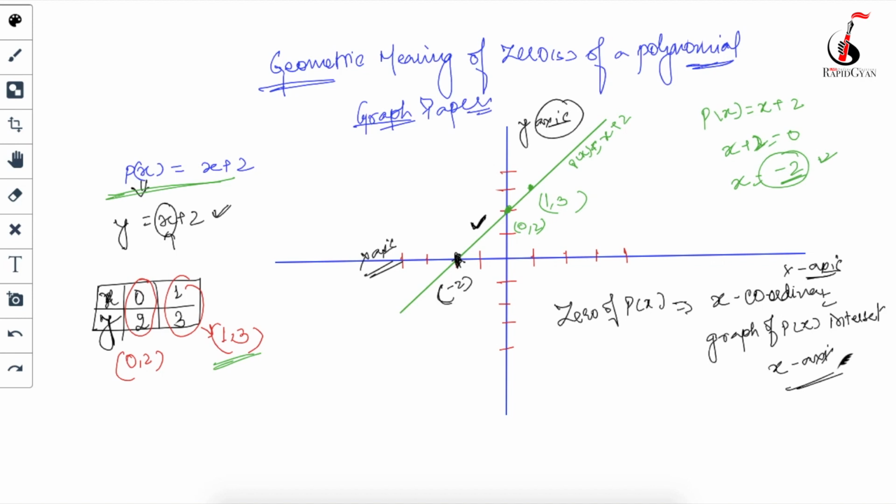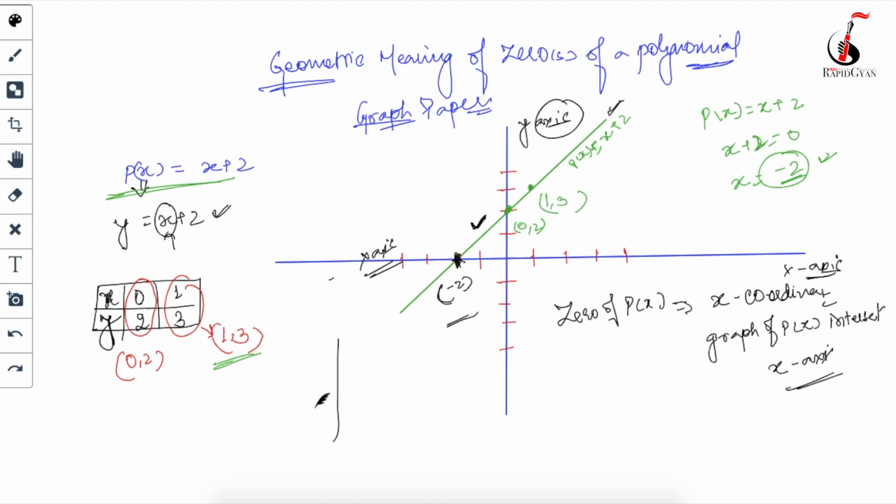Understood? The x coordinate at which the graph of p(x) intersects the x-axis is the zero of the polynomial. In this case, this graph is intersecting your x-axis at minus 2, so the zero of this polynomial is minus 2.